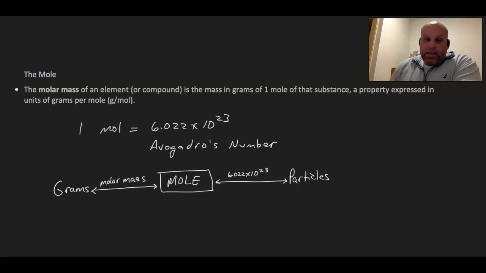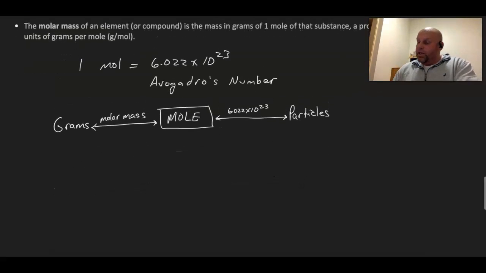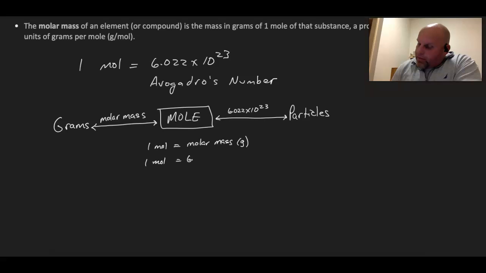So in both of these examples, these values that I've put on these toll roads here equal 1 mole. So 1 mole equals the molar mass in grams, and 1 mole equals Avogadro's number of particles.